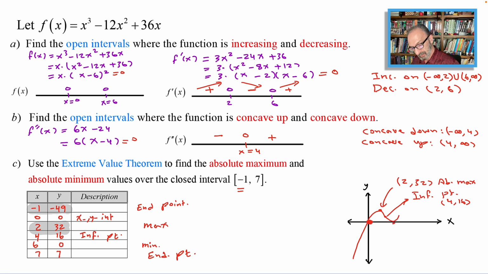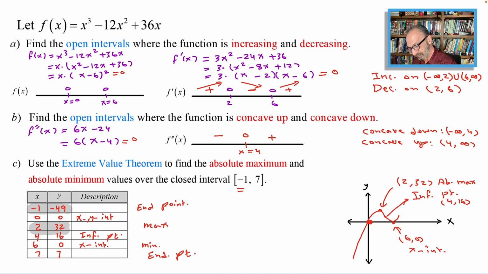This point right here is an x-intercept, which is on the table. I'm writing it down. X-intercept, 6 and 0. So this point here is 6 and 0, which is the x-intercept.